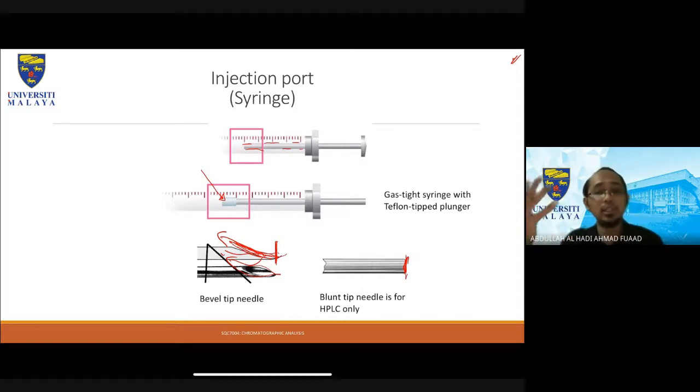But imagine if multiple people are using the same system. In the morning, you are the one using it. You use a bevel tip needle to inject your sample, so you might have contaminated the injection loop, injection port, with your sample.